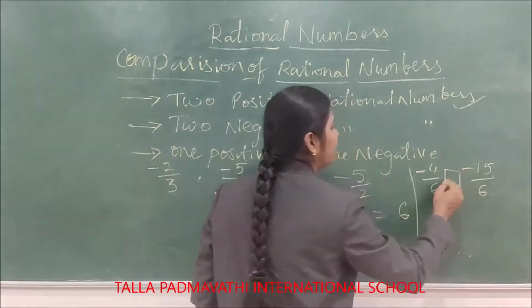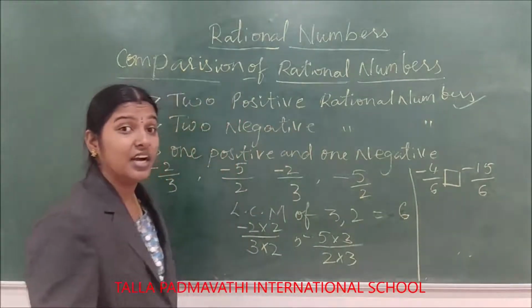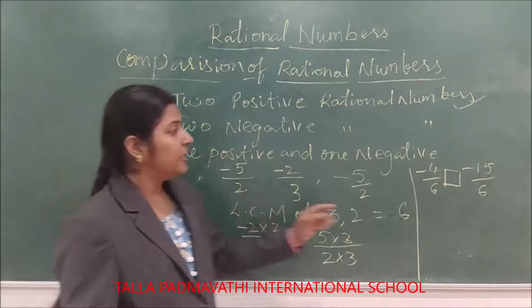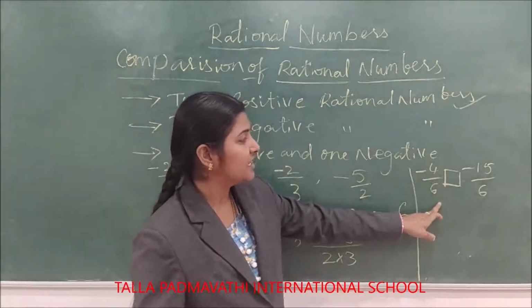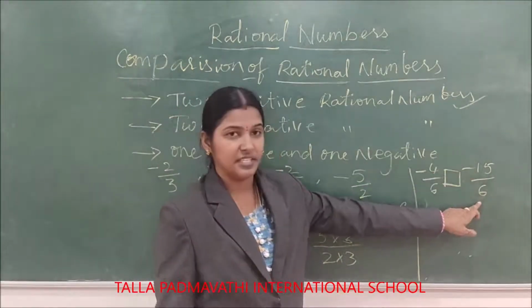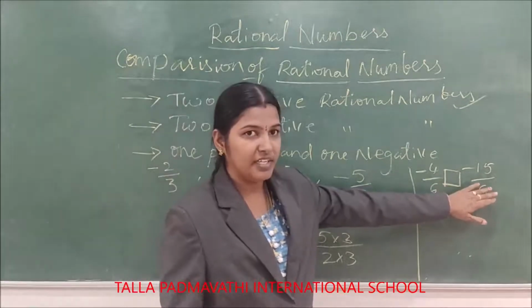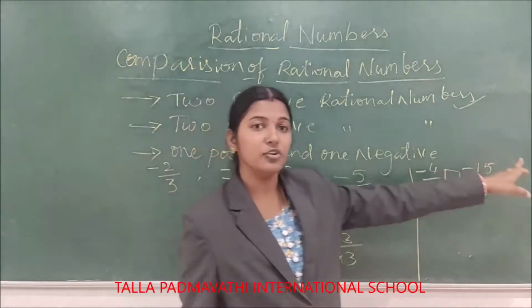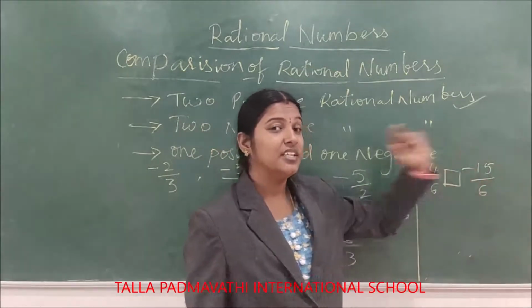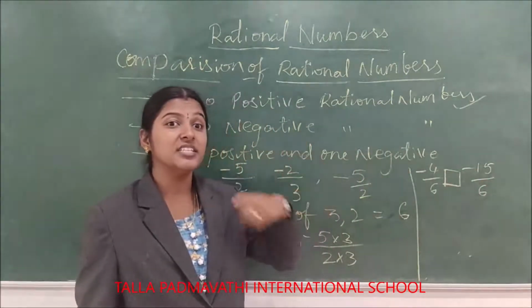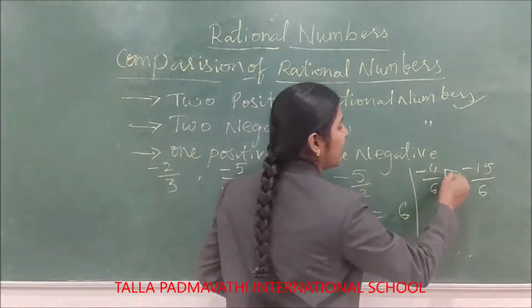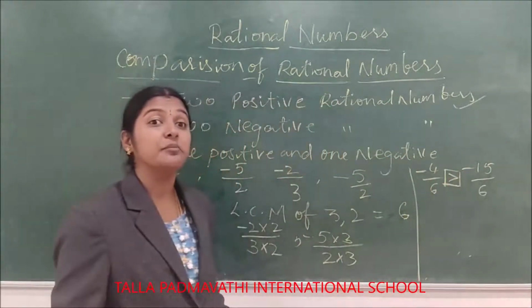As you know, we have already seen this in integers. Normally, just see minus 4 by 6, minus 15 by 6. Keep the denominators aside and just check whether minus 4 is greater or minus 15 is greater. Yeah, minus 4 is greater. So minus 4 by 6 is greater than minus 15 by 6.